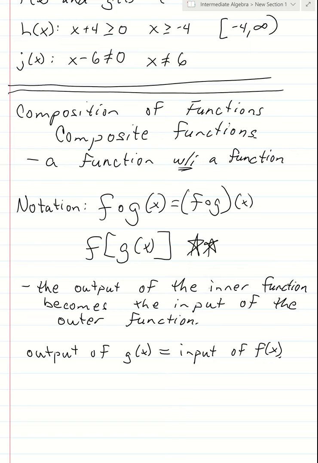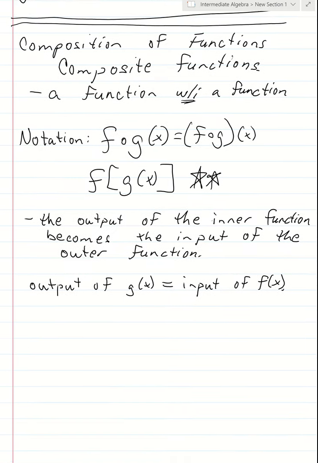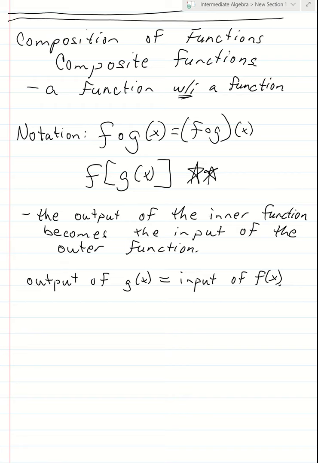And let's see how we're going to use composite functions. Let's come up with an example. We'll just start with something simple. Let's say the function f of x might equal 3x plus 1. And g of x might equal, let's say, negative 2x minus 5.